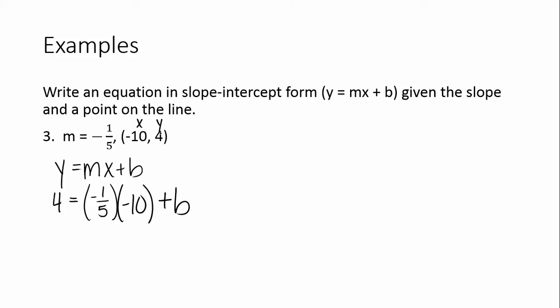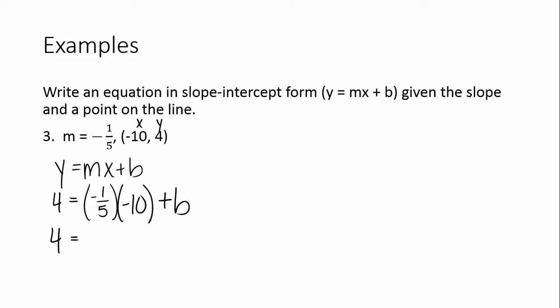So I've plugged in 4 for y, negative 1/5 for slope, or m, and negative 10 in for x. Now I need to multiply negative 1/5 times negative 10.